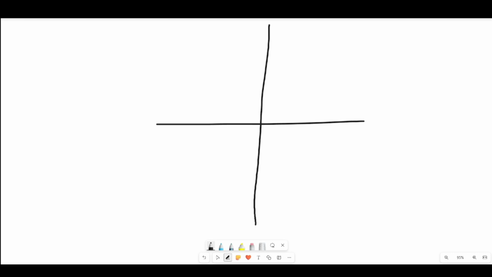This means that there's going to be a line of reflection, and this line would have a point on one side that is the same distance to that line as another point on the other side. It's hard to learn just by hearing it, so I'm just going to draw it out for you guys and show you what I mean. So let's say the line of reflection here is the x-axis, okay?